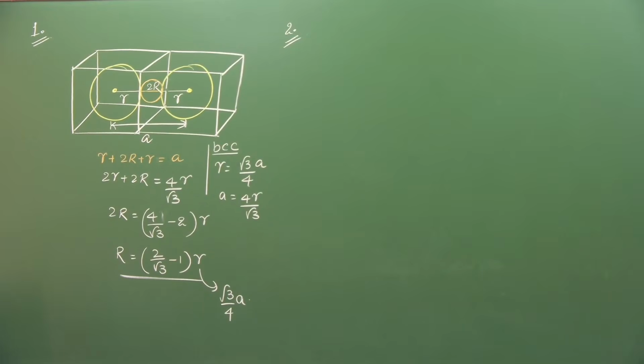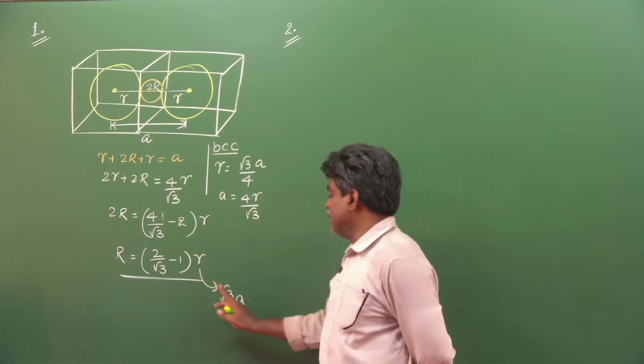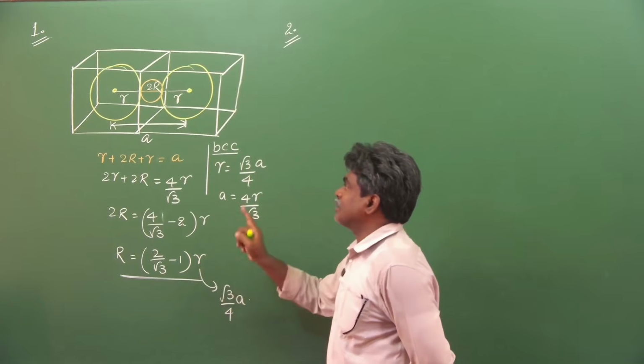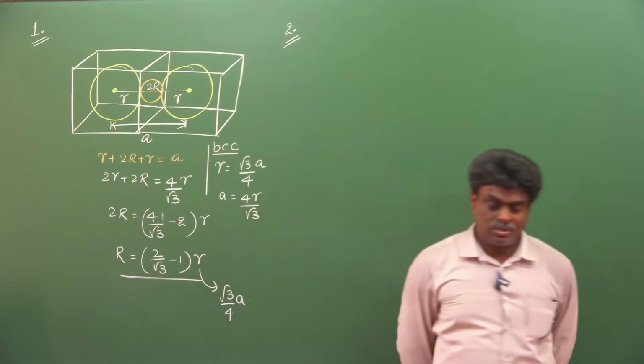Next one, you please do it and tell me the answer. The similar question, but next one, you please do it. He may ask the answer in terms of a or in terms of radius of the atom, r.